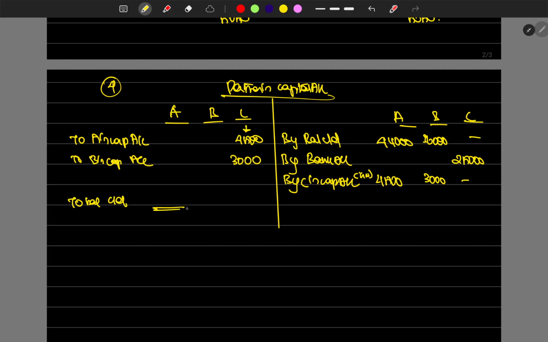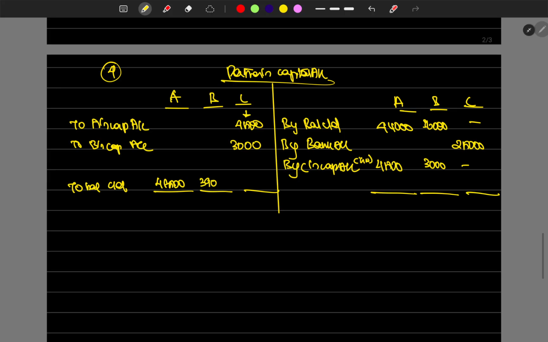44,000 plus 4,500, which is 48,500 is the closing balance of partners capital. Then 36,000 plus 3,000, which is 39,000 is the closing balance.